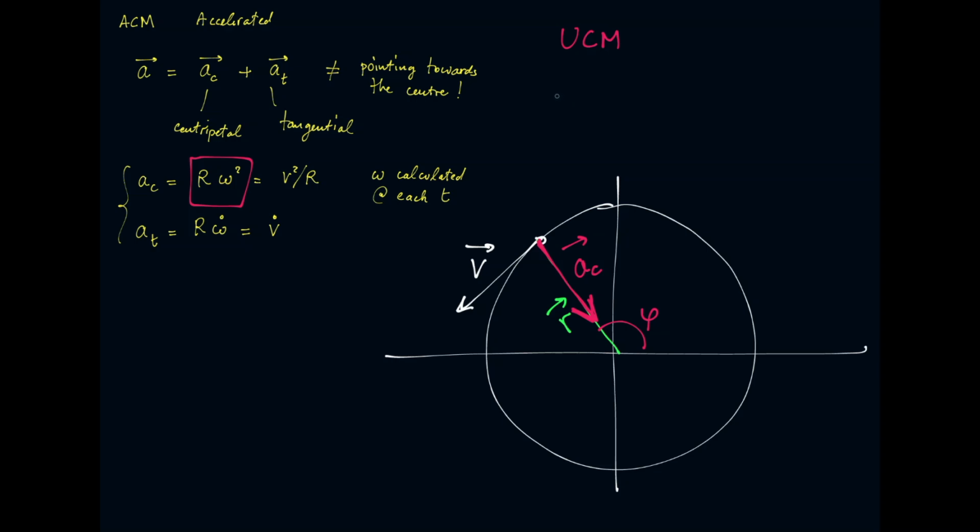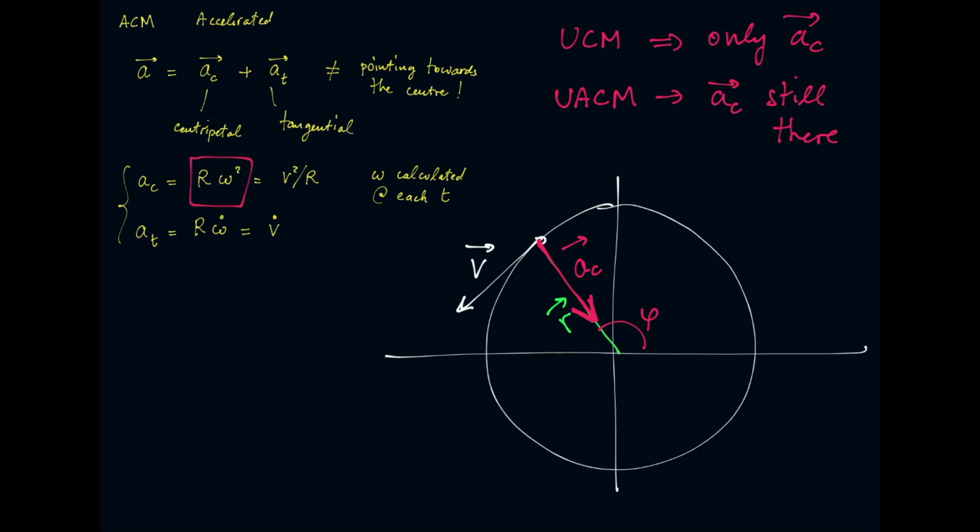In uniformly accelerated circular motion, it's a bit of a mouthful, but why not? The centripetal acceleration is still there, and it's the same amount. If you know that an object is moving at a certain speed along a circle at a certain moment, then you always have centripetal acceleration.